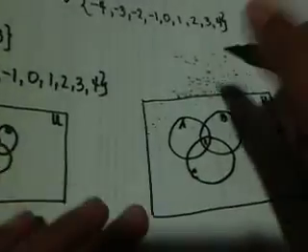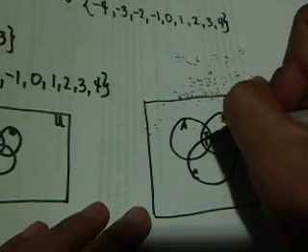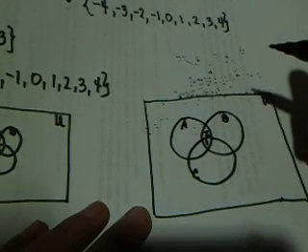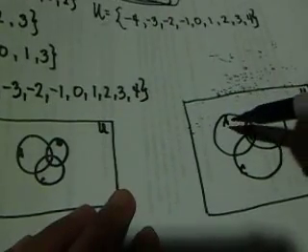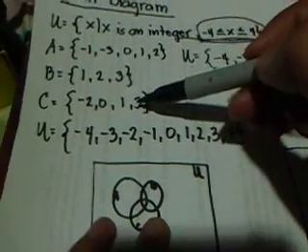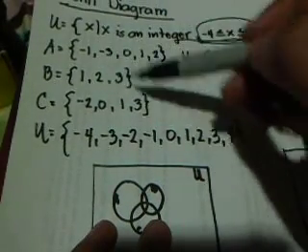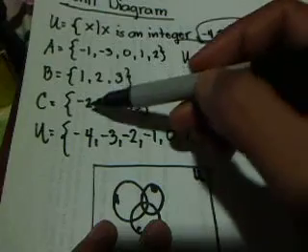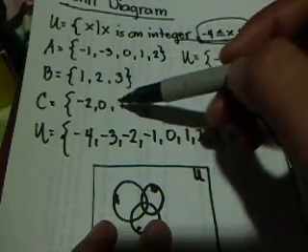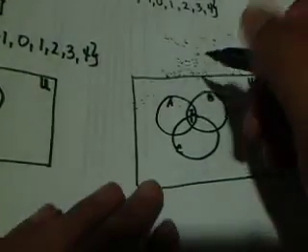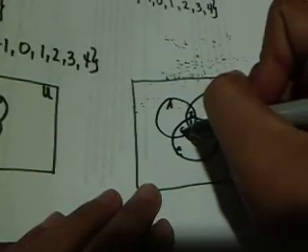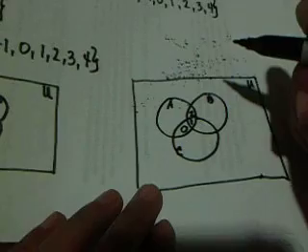So let us put 2 here. Then what number is common for A and C? For A and C, other than 1, that is 0. Okay, so the common element for A and C is 0.